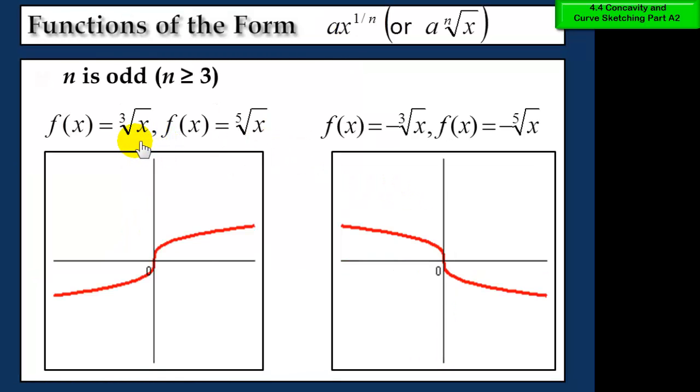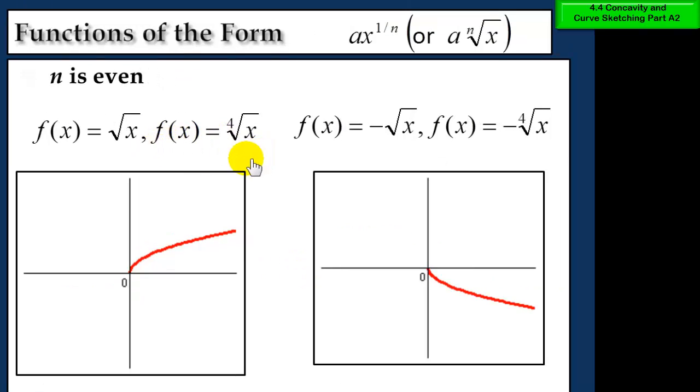Root functions like the cube root, the fifth root, etc. would behave this way, and you can see that it has a point of inflection right there. And that's just the negative reflection. If you have an even root, like say the square root, the fourth root, etc., then it will be positive, and the domain would be 0 to infinity, including 0, because you can always take the nth root of 0.